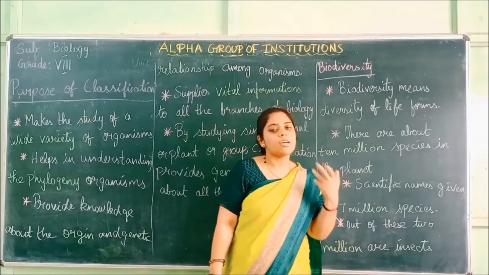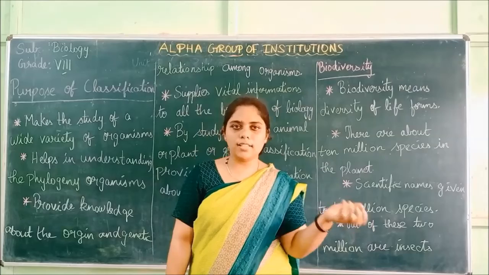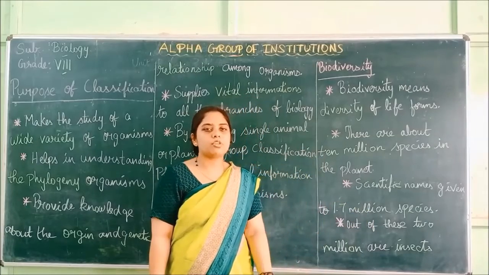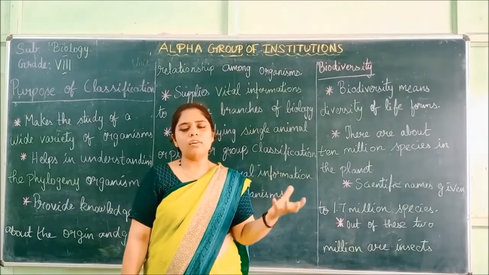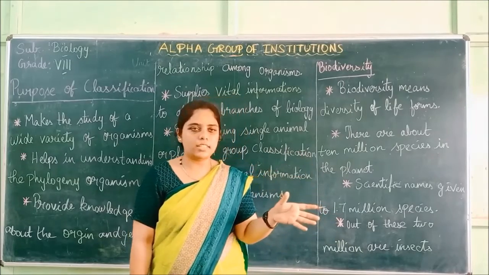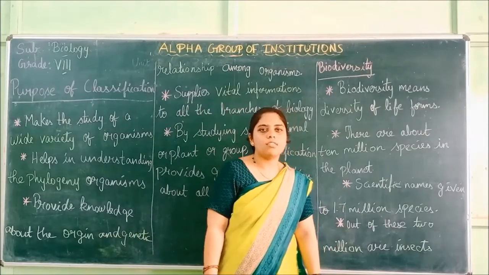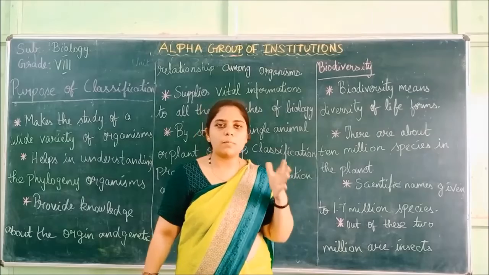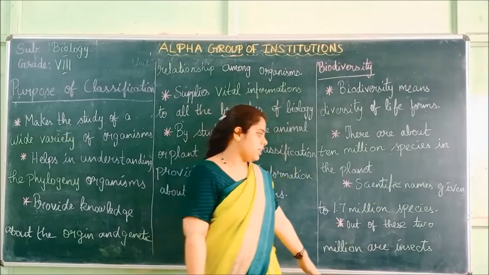Imagine the plants, animals and birds too. So there are many types of organisms. In the aquatic environment also we have a number of organisms that are still unidentified. So these are the things under biodiversity. In the next class you will be learning about biodiversity in detail.